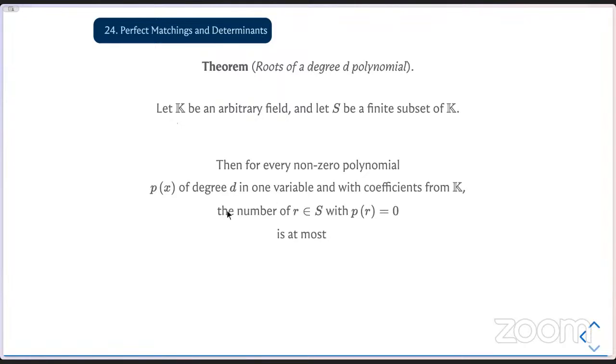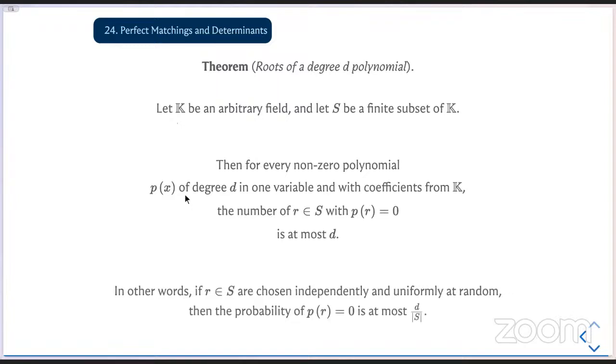At how many places can this polynomial take a value 0 if you have a degree d polynomial in a single variable? Basically, how many roots can it have? Yeah, at most d. Exactly.